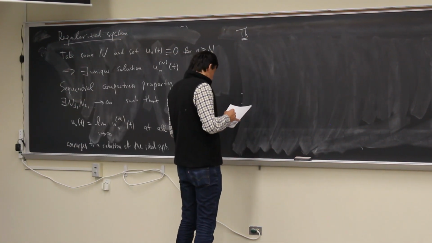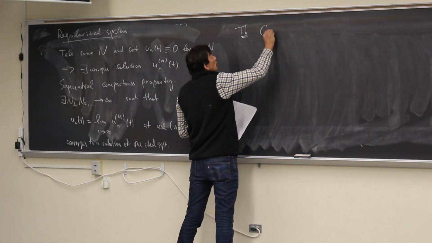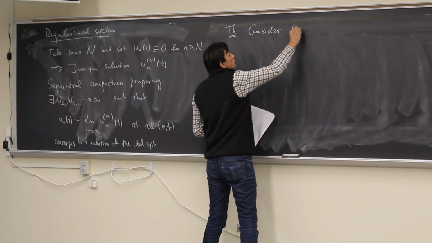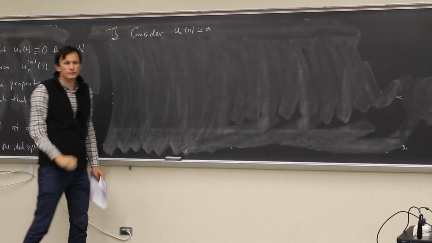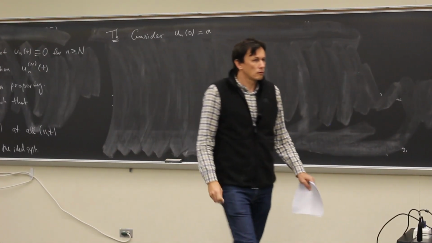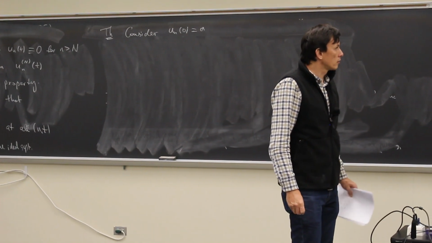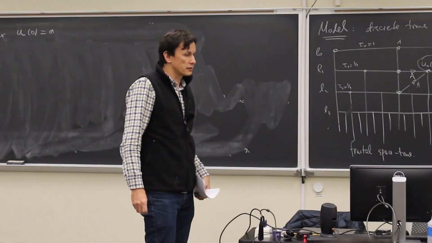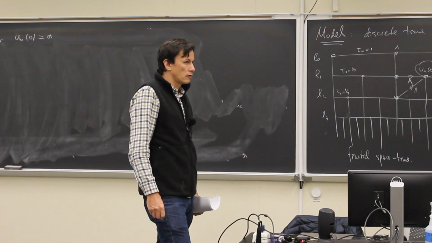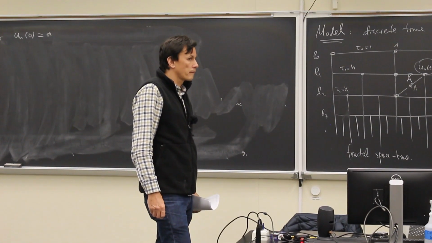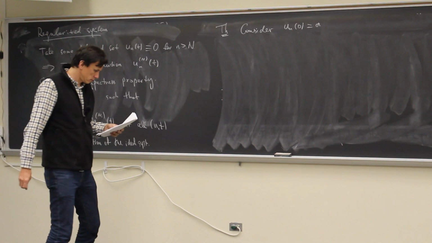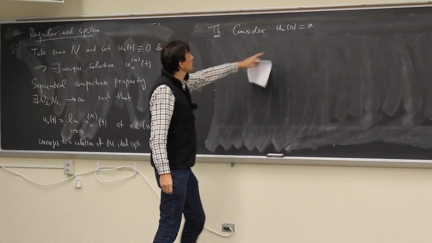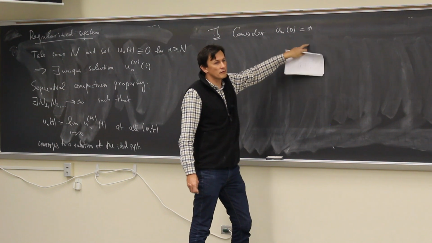The good part of this model is that you can consider the initial condition which is just the same number. This precompactness is immediate because it is pointwise convergence: each UN belongs to the circle, so you have compactness. Now consider an initial condition where you put the same state at every variable.